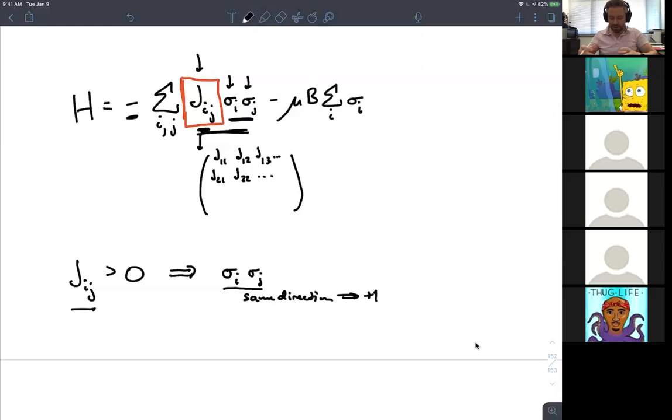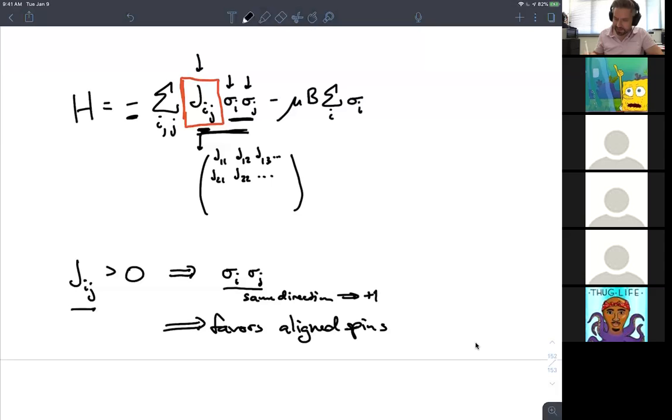So in other words, if Jij is positive, what that's doing is it is making 2 spins that are pointing in the same direction more energetically favorable. That is lower energy states. Okay, so Jij positive favors aligned spins.